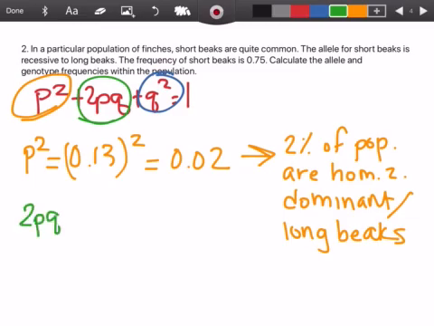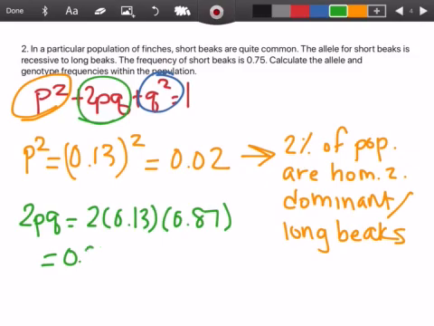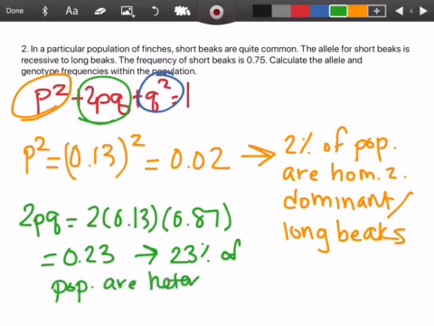So 2pq, our heterozygotes, are equal to 2 times 0.13 times 0.87, which means that 2pq is equal to 0.23, or 23% of the population are heterozygous carriers for the short beak allele, but they are displaying the long beak phenotype.